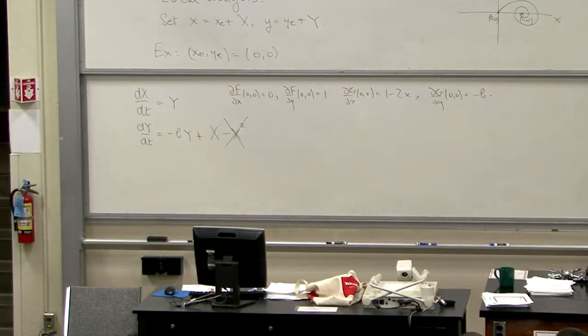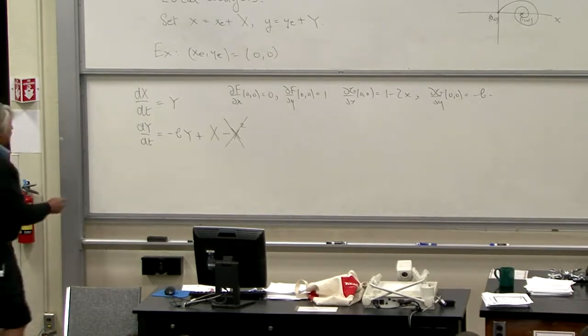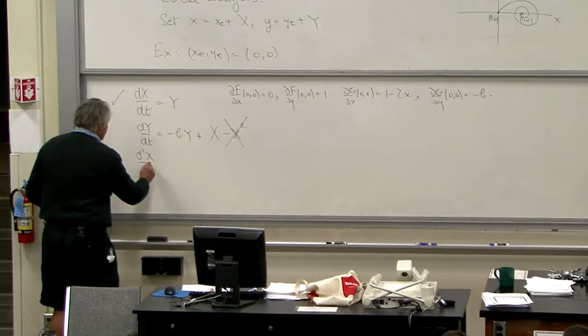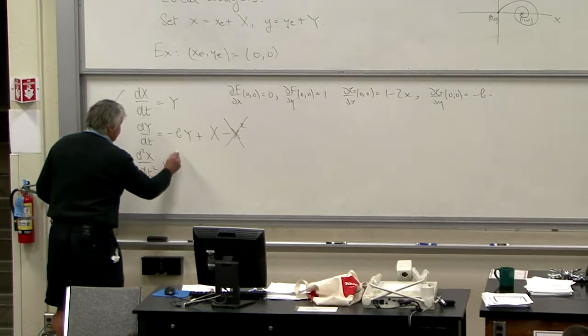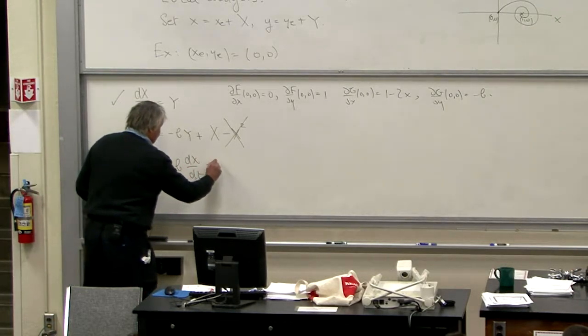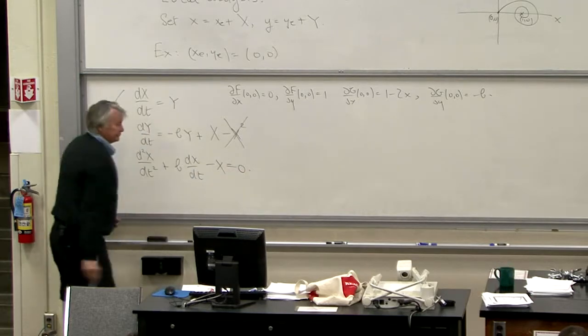So now we have these two equations for big X and big Y. Well, eliminate the y from here, put it in here, I get d2x by dt squared, plus b times dx by dt, minus x equals 0.